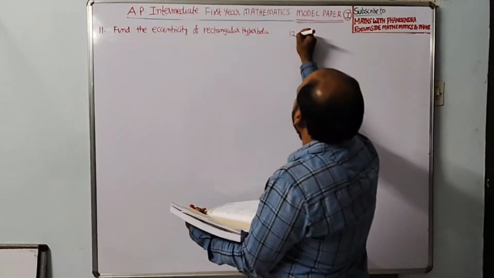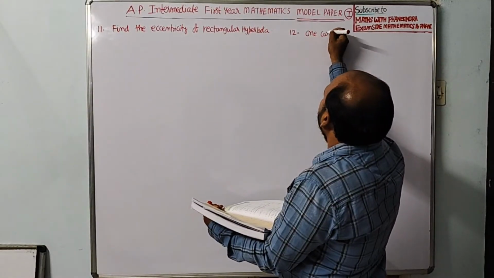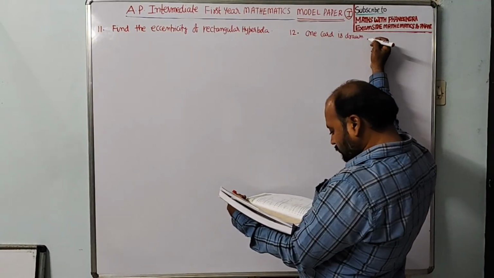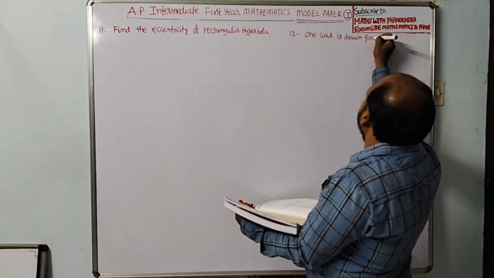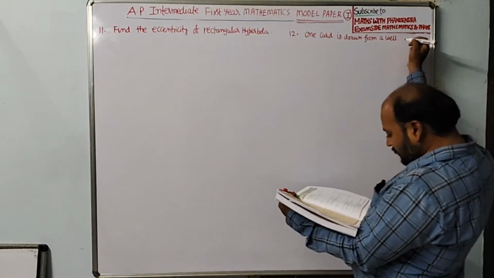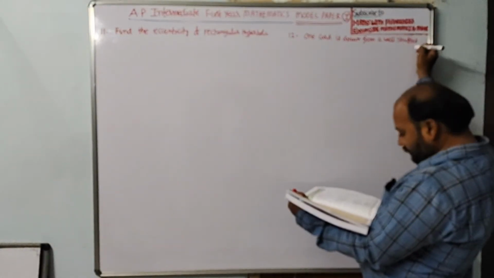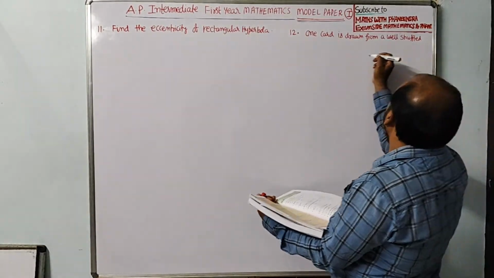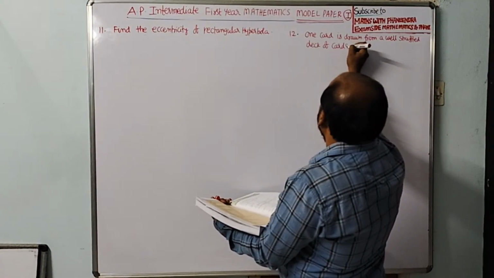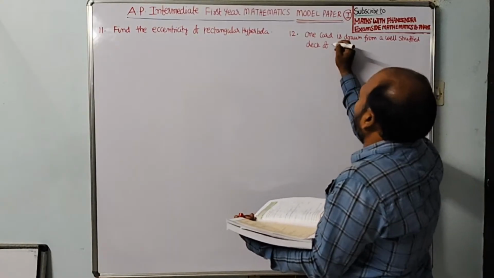Question number 12. One card is drawn from a well shuffled deck of 52 cards.